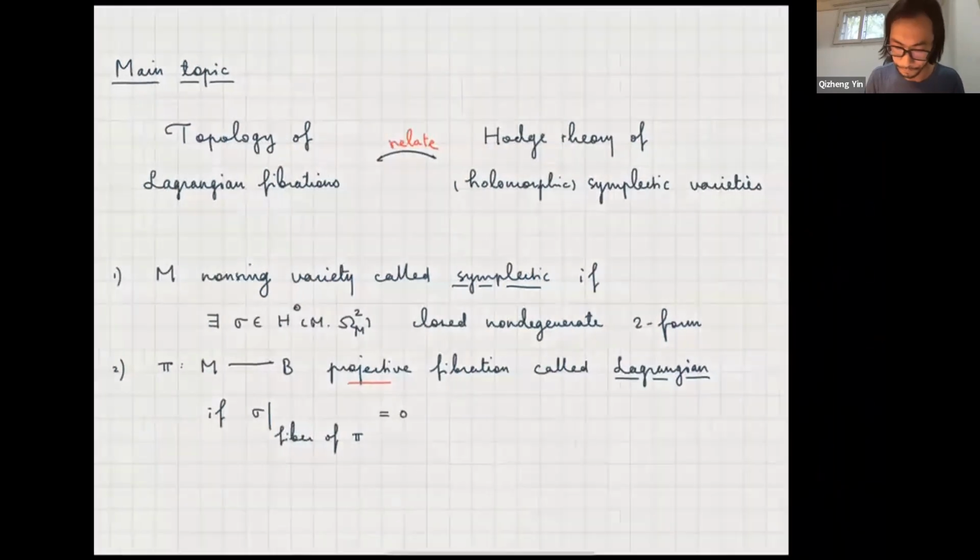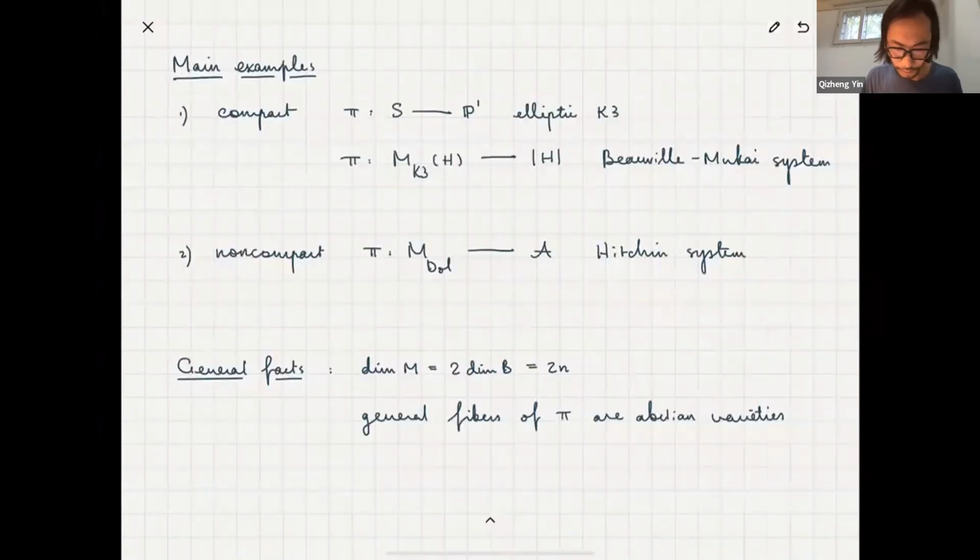Now, when we think about Lagrangian fibrations, we usually think about two sets of examples: the compact ones and the non-compact ones. For the compact ones, there are maybe two examples. The first is the two-dimensional case, which is an elliptic K3 surface or any elliptic symplectic surface.